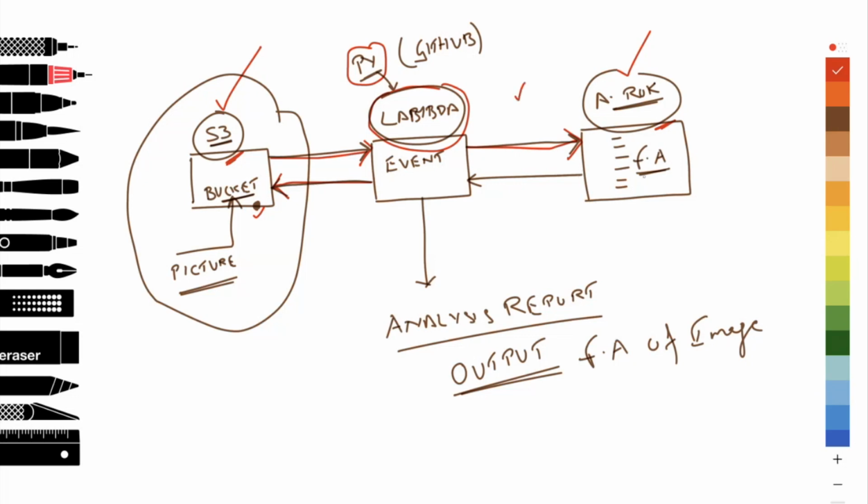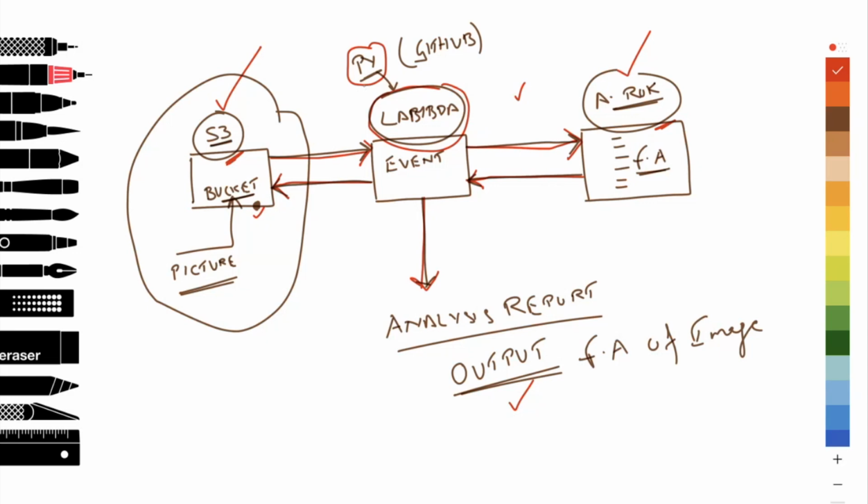Then Rekognition will complete its work, for example facial recognition or liveness, whatever we have seen earlier, and it will give the JSON output. That JSON output will come here and we are going to display it in Lambda functions.